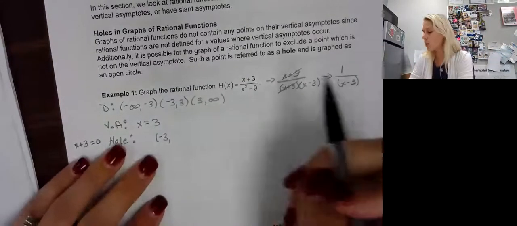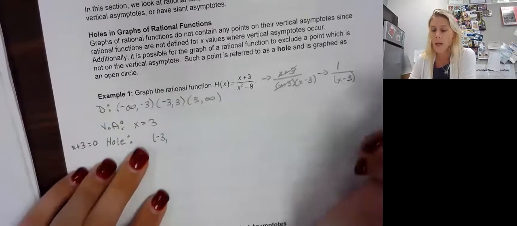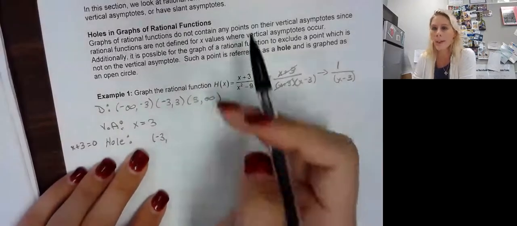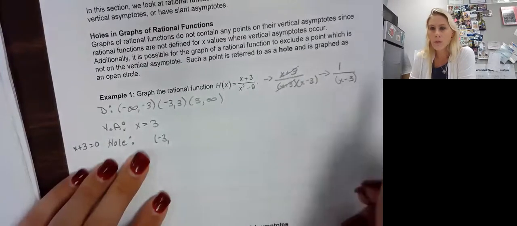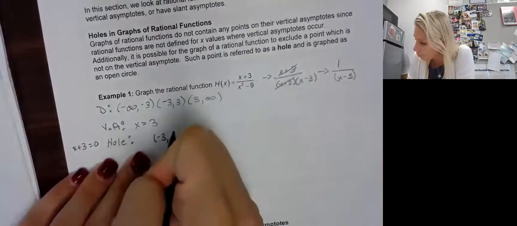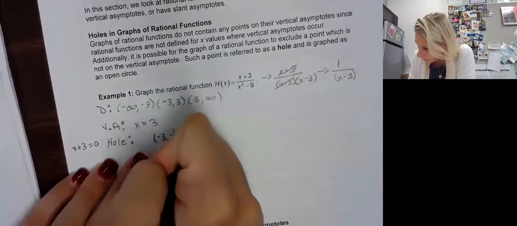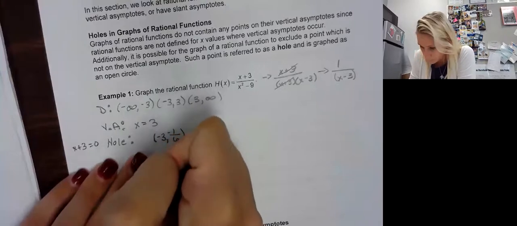The way to find the y value is to plug into the reduced form. You do not plug into the original because, as you can see, we would get a 0 over 0. So always do it into the reduced form. So we have 1 over negative 6.